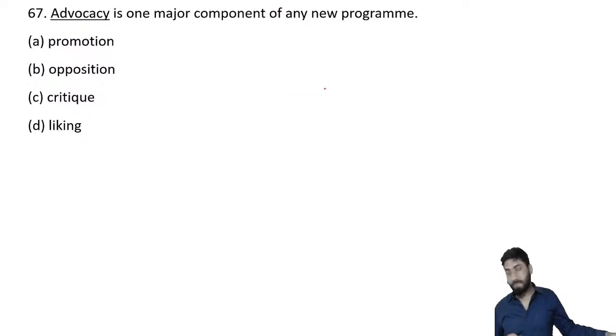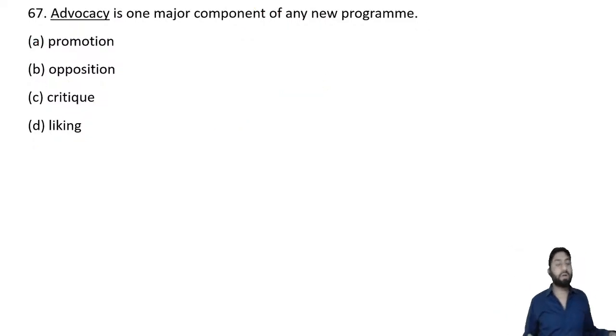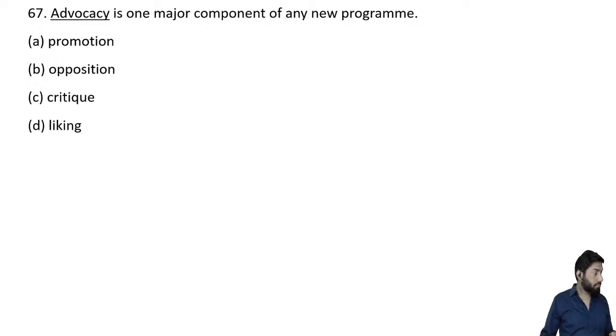Anyway, advocacy is one major component of any new program, right? So the options, it's typed properly, I hope. It's 67. Yes, I think so. Now, coming back to here.